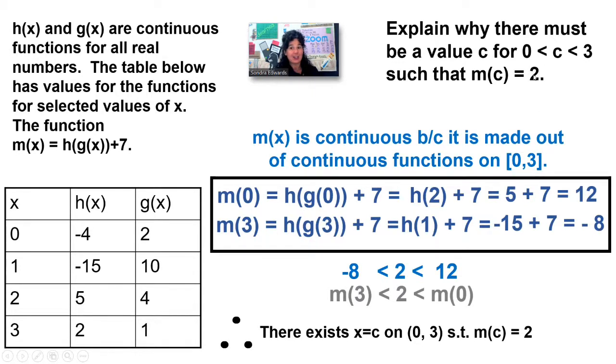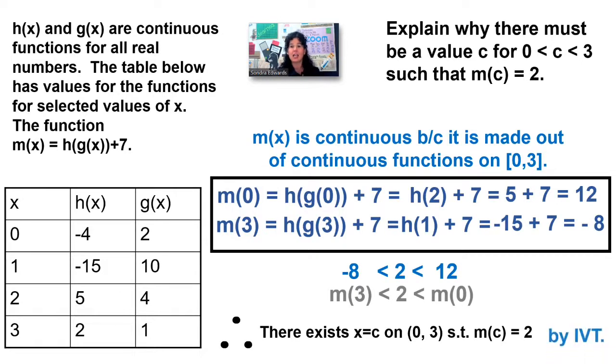And so that's not 2. The x value is somewhere between 0 and 3. And when I plug in that x value into the m function, I'm going to get a height of 2. So there exists an x equals c on the open interval 0 to 3 such that m of c equals 2. And then you've got to state your theorem.